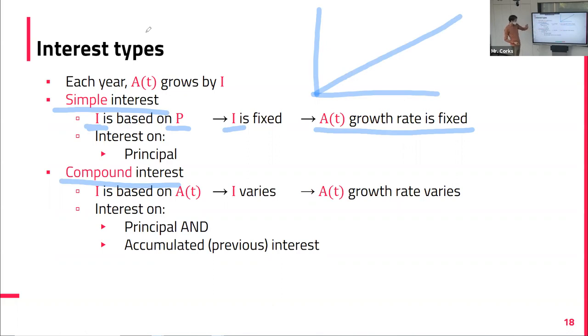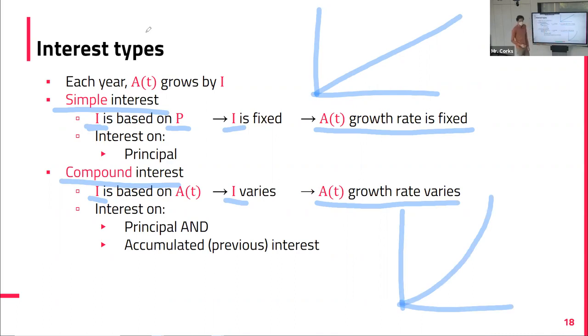Compound interest is different. The dollar value of the interest is not based on the original value, it's based on whatever the current value is of the loan. The current value will always be increasing, so that means the dollar value of interest that we have to pay also varies. It increases as we go. So the growth rates can vary. If we have this on a graph, it would curve upward.